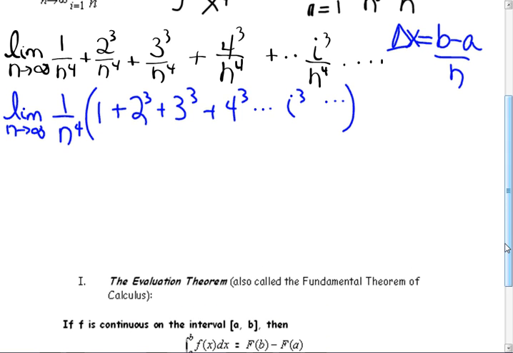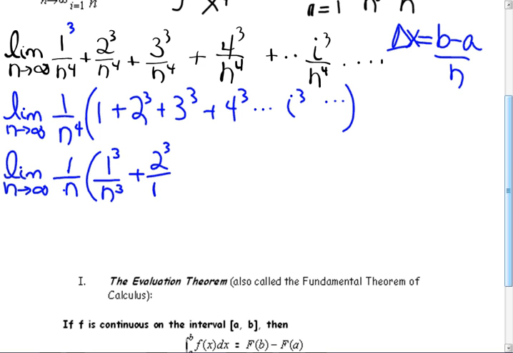So it's the limit. I could do n to the 3rd, but that's not going to help me. I want the base to be 1 over n, because that's b minus a over n. Then I'm left with 1 cubed over n cubed plus 2 cubed over n cubed, 3 cubed over n cubed. No, you can't combine them, because they're not the same base.